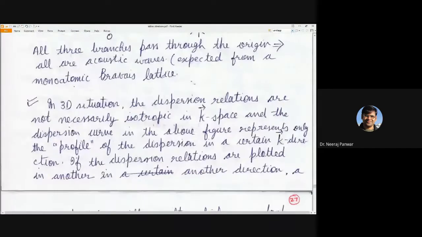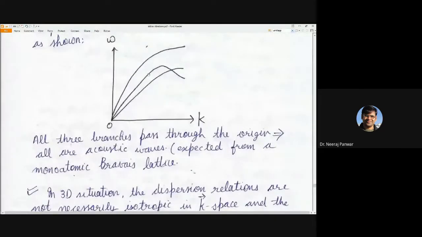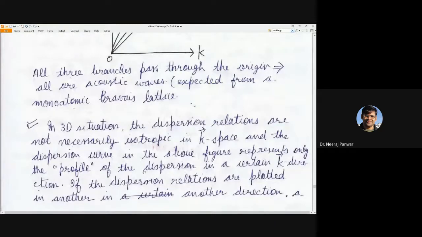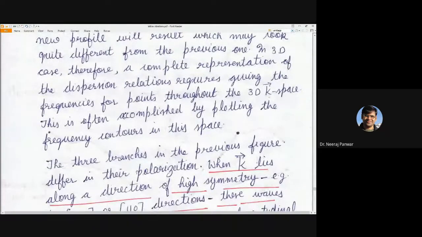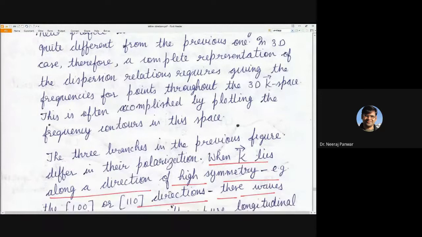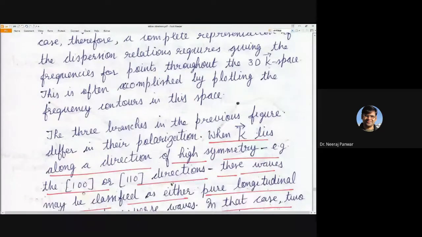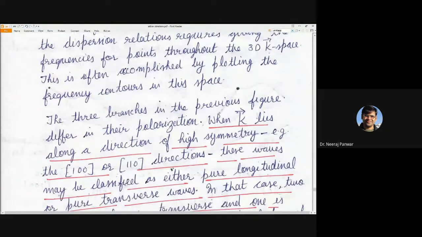So in this graph, as you have seen, we have three branches coming out, which meet at the origin. And these three branches represent the three directions of polarization. When k lies along a particular direction of higher symmetry, like the 100 or 110 direction, these waves may be classified as pure longitudinal or pure transverse waves.